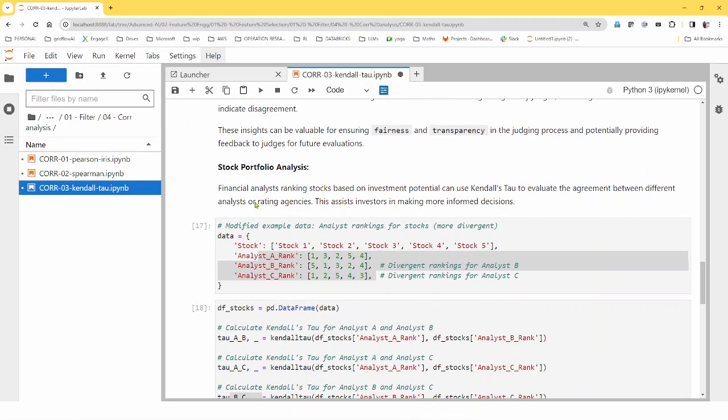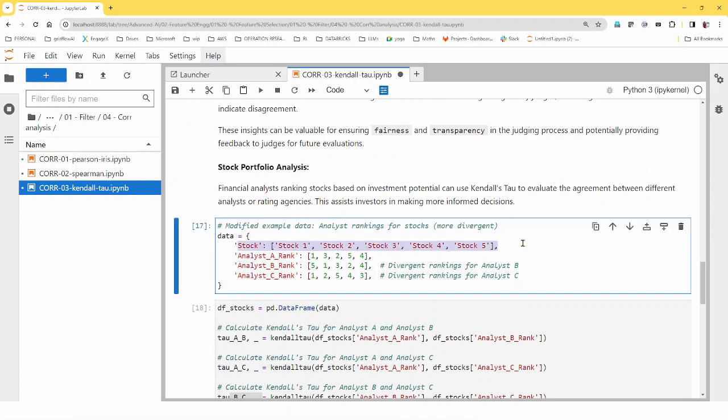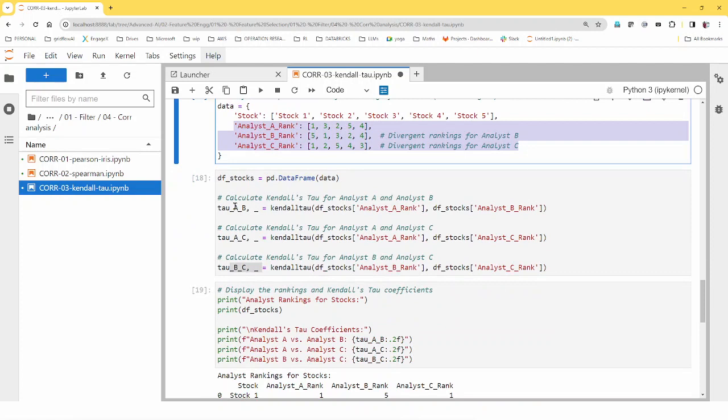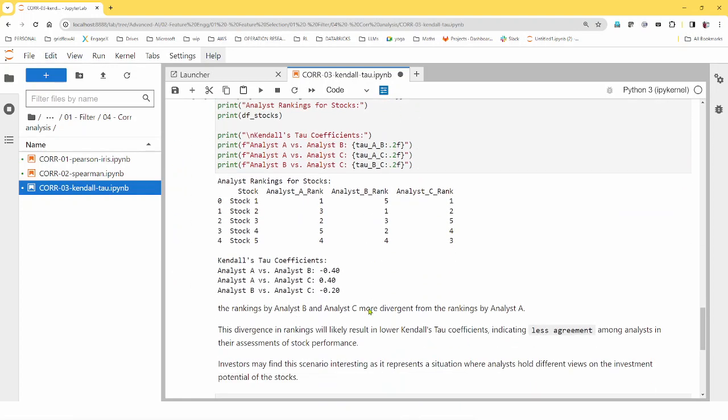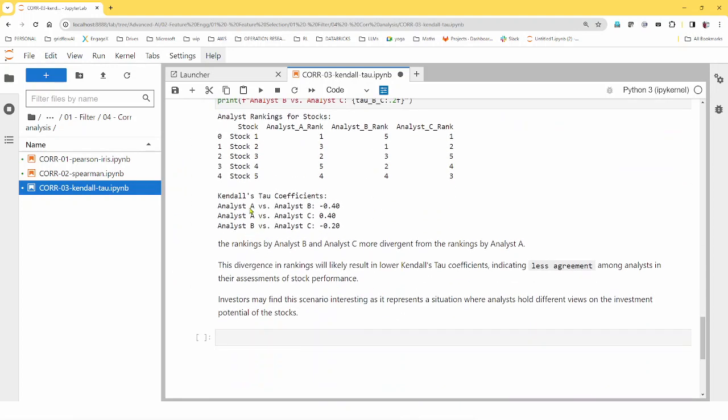Let's take one more use case. We have stocks, few stocks, like 5 or 6 stocks, and there are rating agencies which are rating these stocks. Okay, and then you apply here the Kendall tau between the pairs like A and B, A and C, and likewise. And you can make some decisions. So the rating agency A and B, they differ.